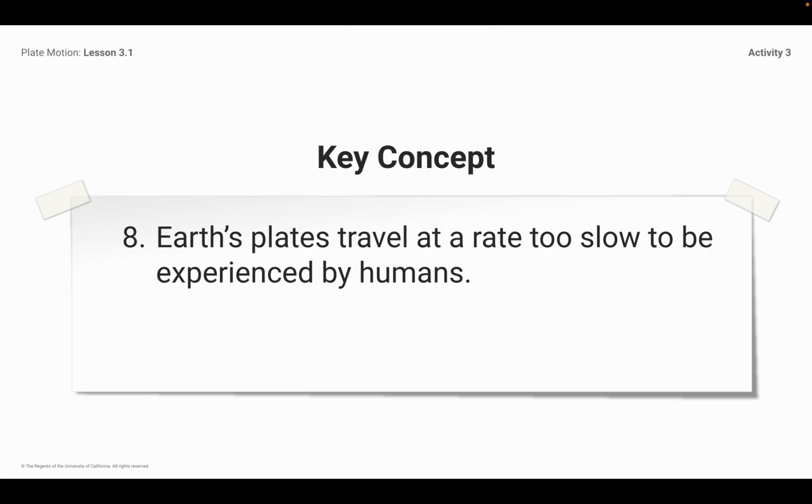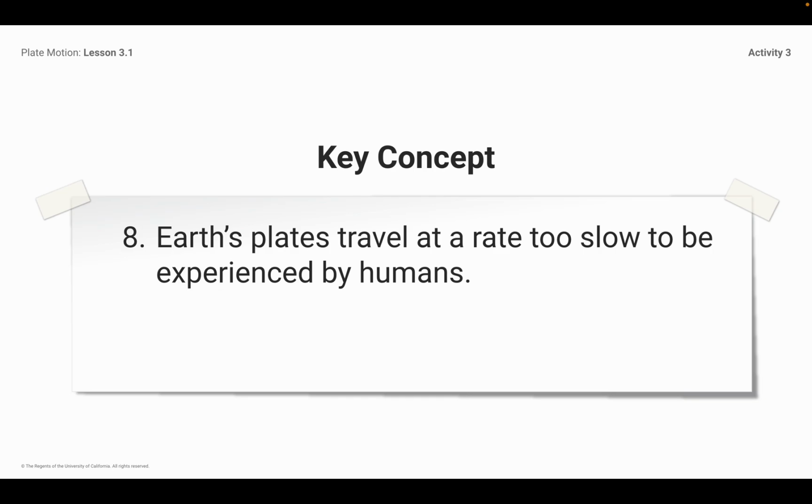Let's talk about Earth's key concept number 8. What we're realizing is now we understand why the plates on Earth move an average of 2 centimeters per year. It's so slow. So key concept 8 says Earth's plates travel at a rate too slow to be experienced by humans.